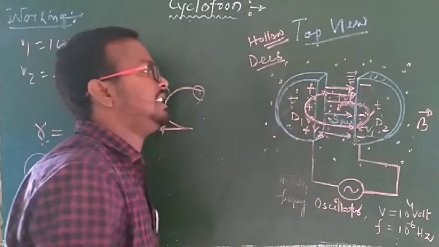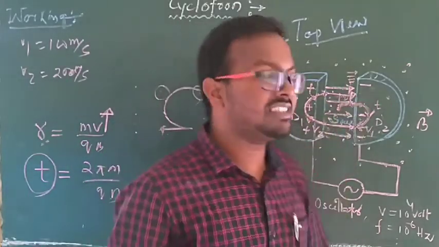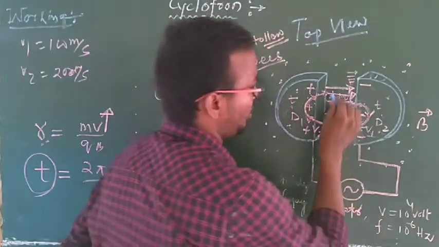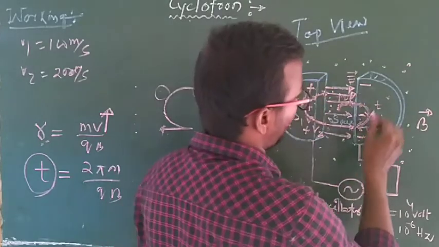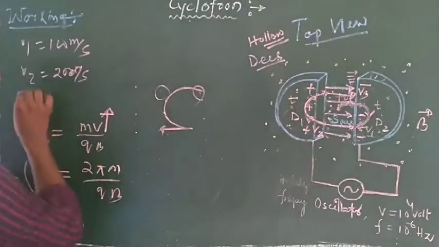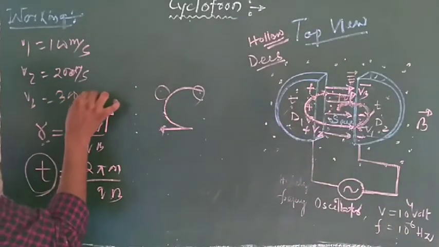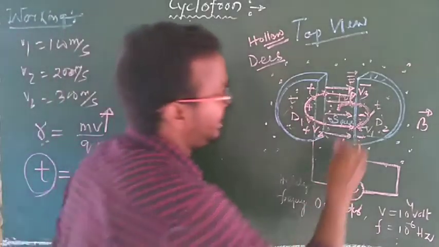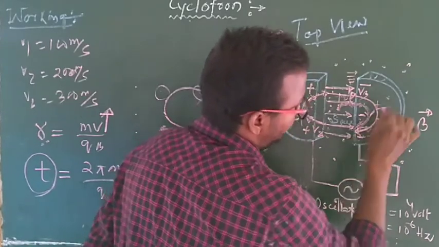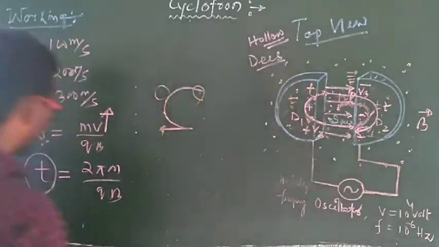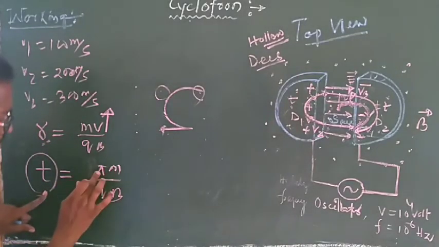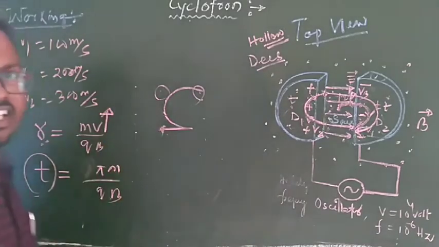Again, when the charged particle is inside the electric field, it accelerates and changes its velocity. When the charged particle just comes to D2, then its velocity changes to v3. Suppose v3 equals 300 meter per second. And again it describes a semicircle and it takes time T, because the time taken by the charged particle to describe a semicircle, pi m by qB, is independent of radius.